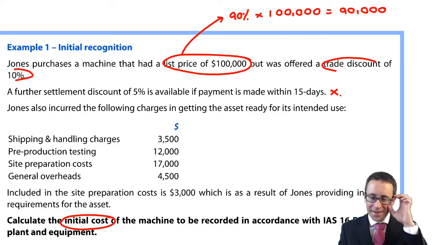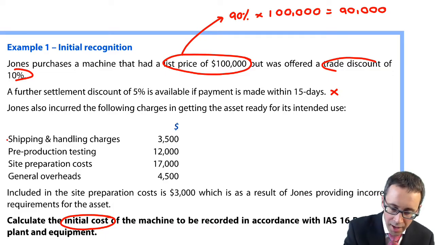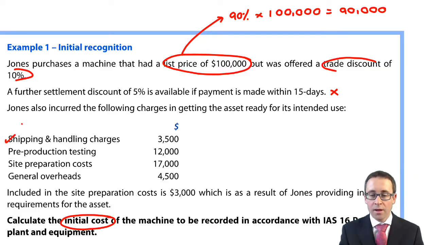But there we go. It also says Jones incurred the following charges in getting the asset ready for its intended use. Shipping and handling charges, yes or no? Yes. We're going to capitalize those, because if not, the asset isn't in its location and condition.